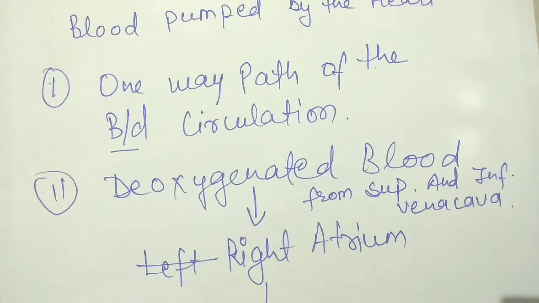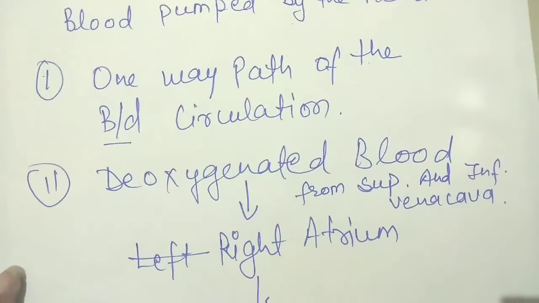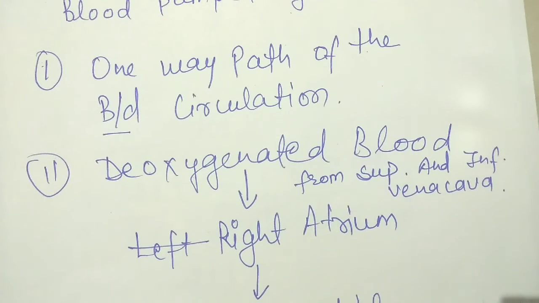The second is the systemic circulation, which is done by the aorta and its branches, which carry oxygenated blood all over the body, and it is lastly collected through the superior and inferior vena cava.